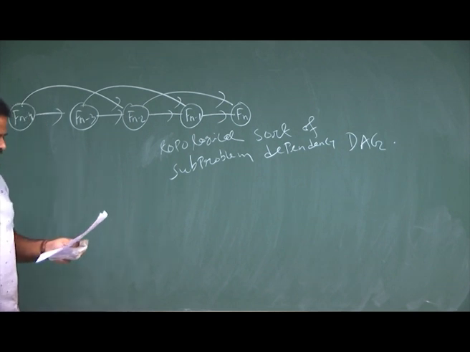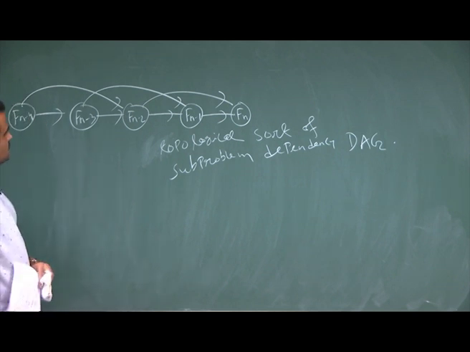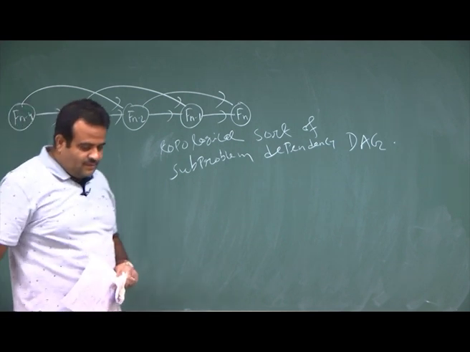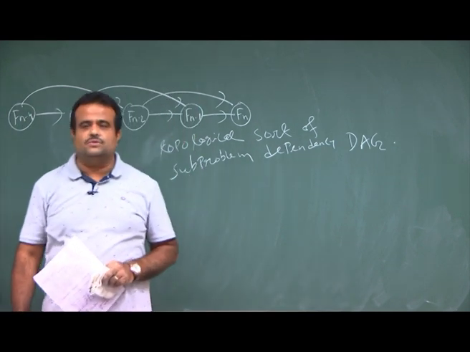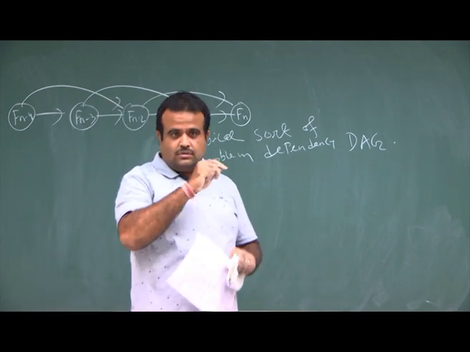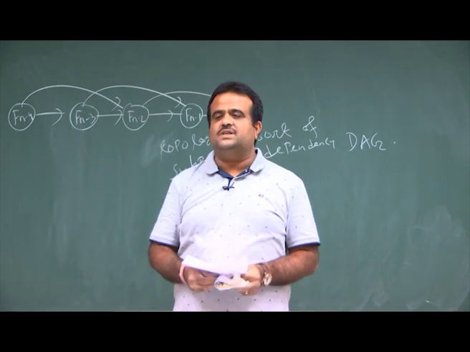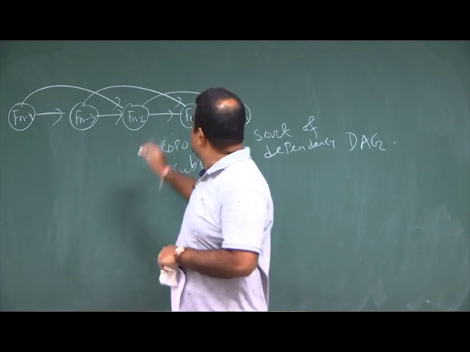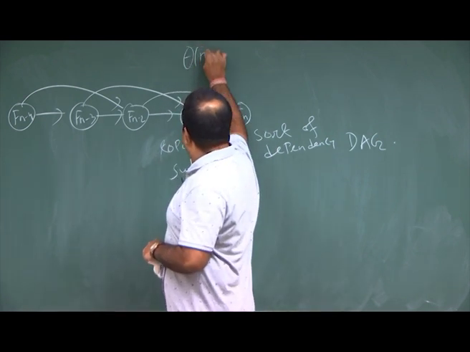This is the DP approach for this problem. The naive approach was exponential, but we reduced this into a polynomial time algorithm. This is basically linear time, theta of n.